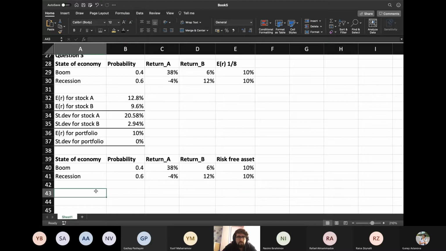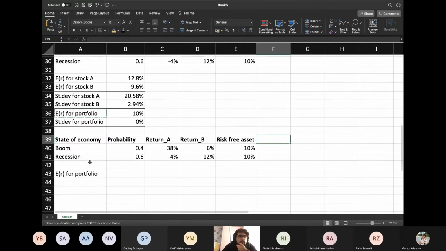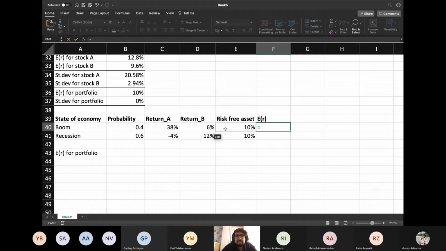So expected return on portfolio, AR. Let me write it, AR. But first, we should find the expected return for each state of the economy. So AR equals equal proportions in stock A and stock B, and 30% in the risk-free asset.